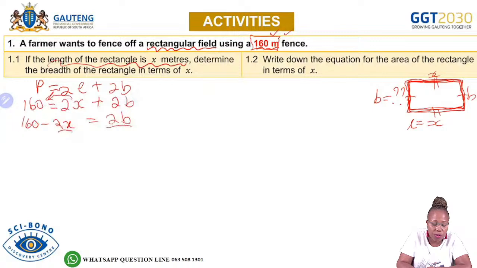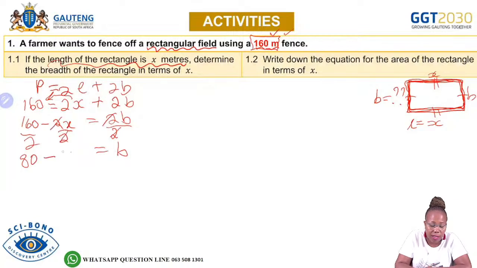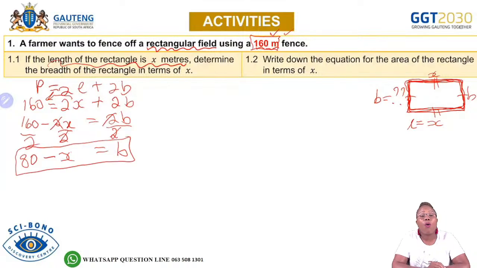So we are going to divide each and every term here by 2 to get rid of this 2 here. So our breadth will be how much? 160 divided by 2 is 80 minus the 2 goes once there, we'll be left with x. Therefore, grade 12, happy now? Our breadth is equal to 80 minus x. We have answered the first question there.